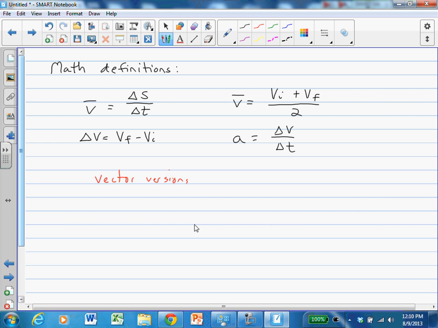For example, velocity is a change in displacement over the change in time interval. And the vector acceleration would be the change in velocity over the time interval. That's notation.